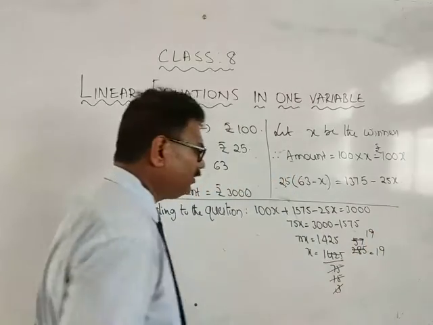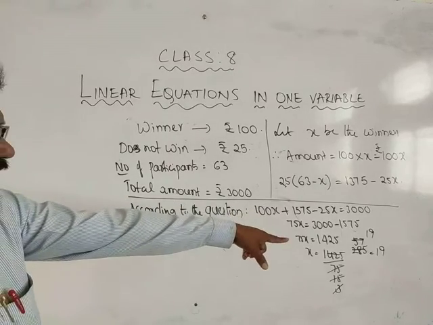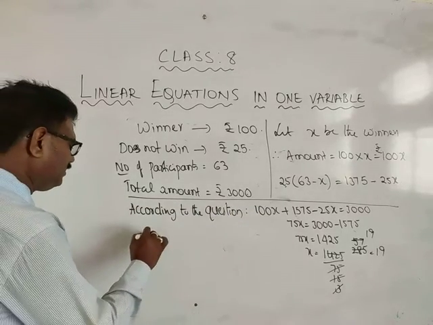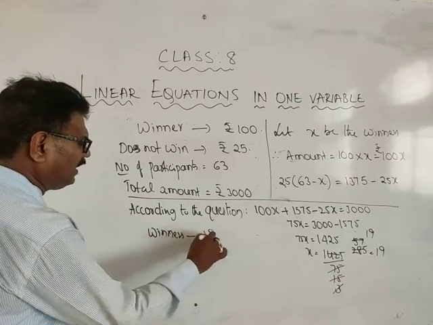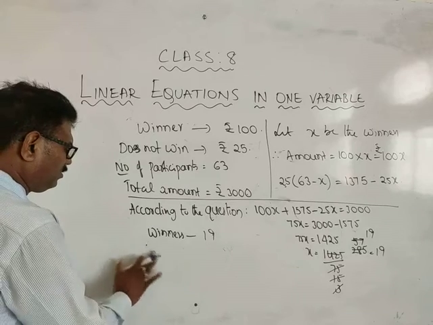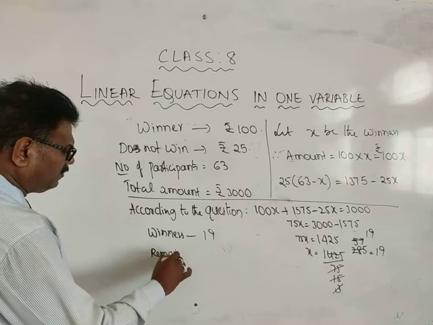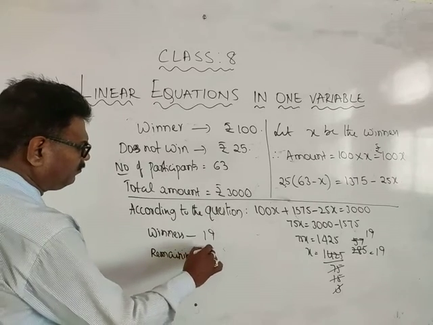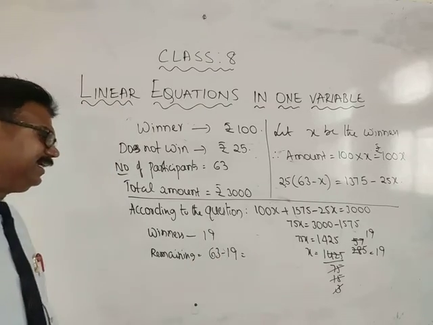Therefore total how many are winners? 19 winners. Therefore winners are 19 and remaining will be 63 minus 19.